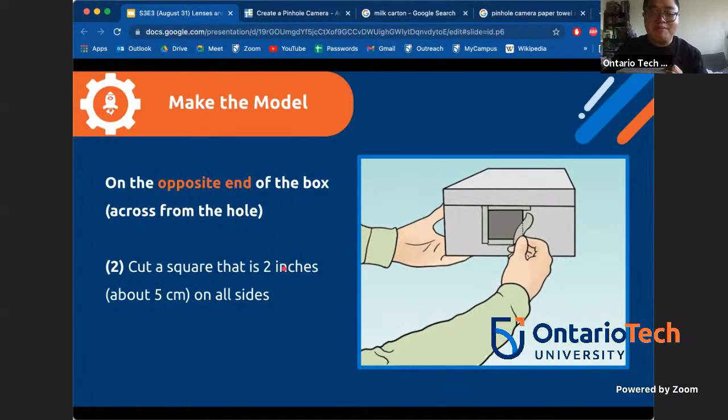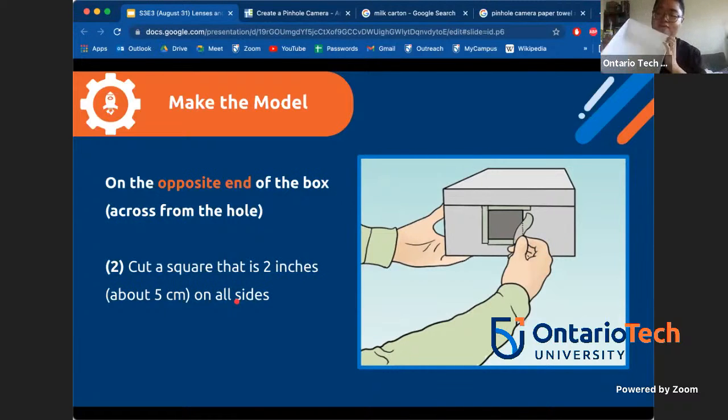It can be 2 inches or about 5 centimeters around the sides. This will depend on the box that you have. If you have a smaller box than this, then I would probably make it around 3 centimeters square all around, maybe smaller than that. 2 inches or about 5 centimeters should fit my box. So that's what I'm going to be doing with my prototype.